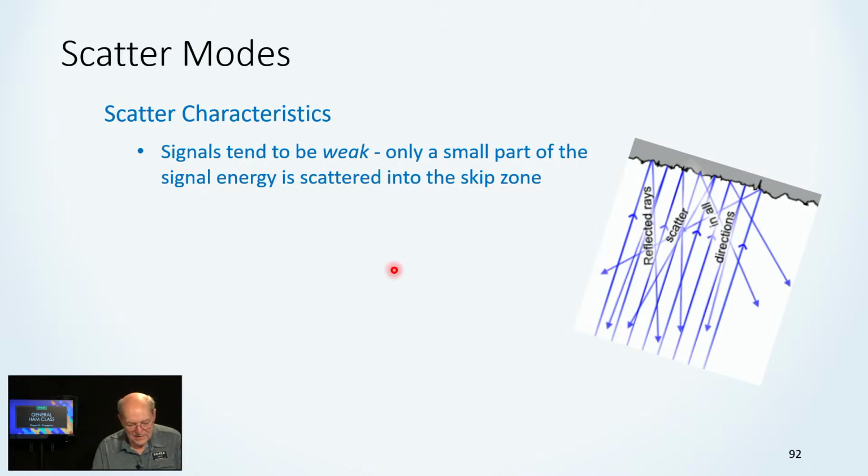Because the main amount of your transmitted signal is going to go up to the E or F layer and come back down again, a little bit of it might get scattered as it's going through these discontinuities in the ionosphere. Because of that, there's not nearly as much RF, so signals tend to be weak. Only a small part of the signal energy is scattered into the skip zone. So one characteristic is that they're weak.